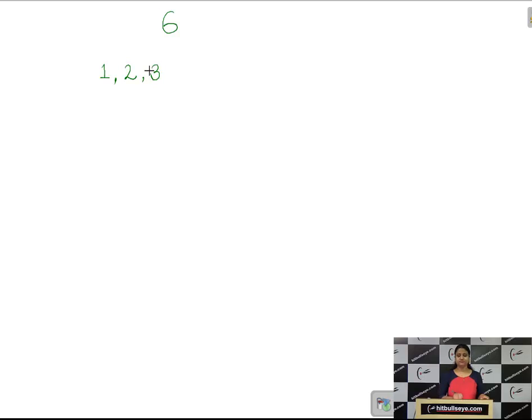Now 3 again is dividing 6 completely, no remainder. Remainder is 0 here. That's why 3 is also a factor or a divisor of 6. And 6 itself is also a factor of 6. So there are in total 4 factors of 6.